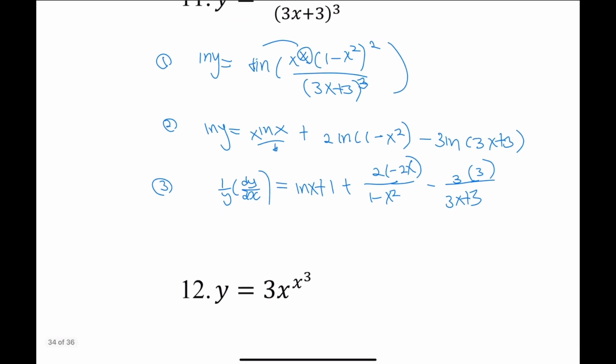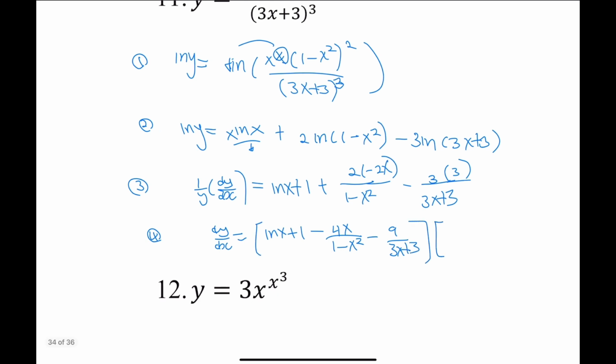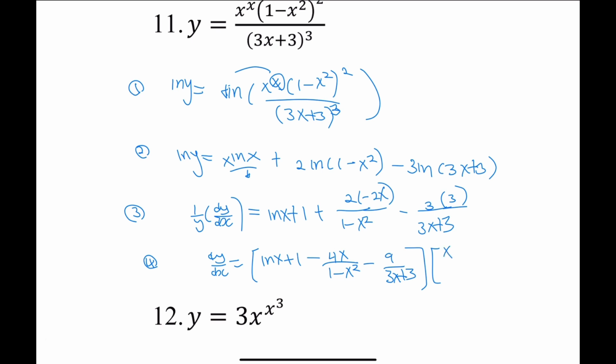So that means number 4, dy over dx equals ln x plus 1 minus 4x over 1 minus x squared minus 9 over 3x plus 3, all of this multiplied by y, which is, again, pretty complex, right?